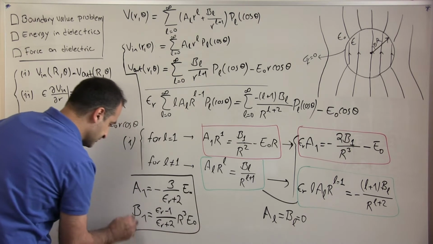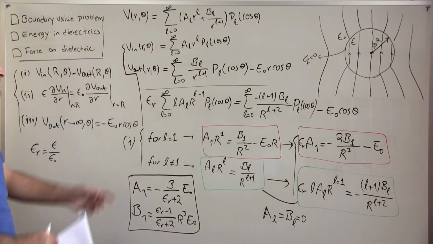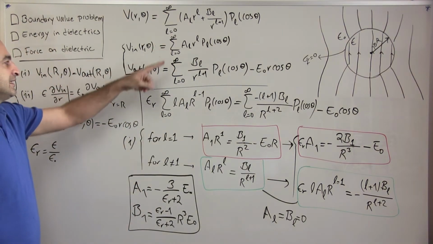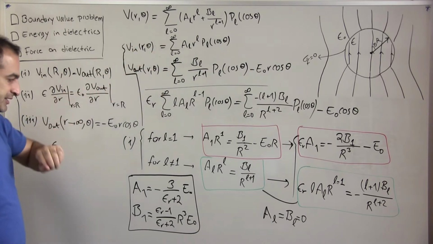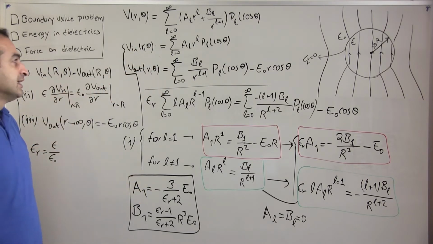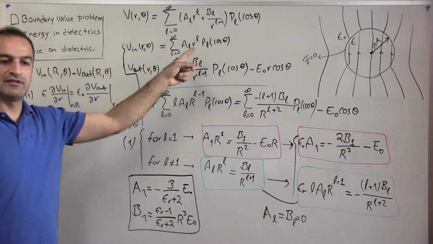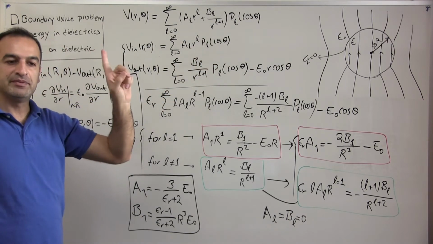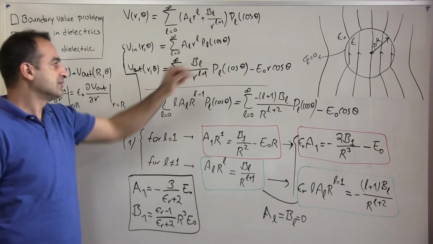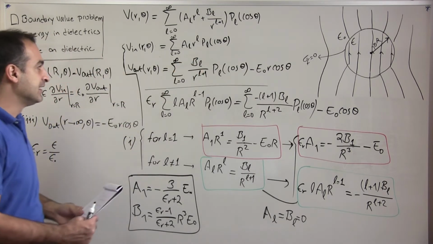These two are the only terms in the V in and V out linear combination that matter. That means we don't need to include all these Legendre polynomials PL, because only L equals 1 matters, and that is only cosine of theta.